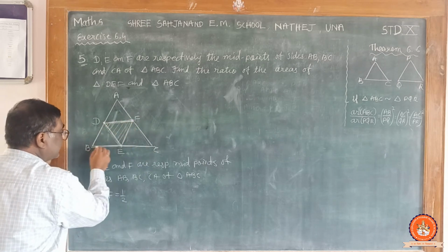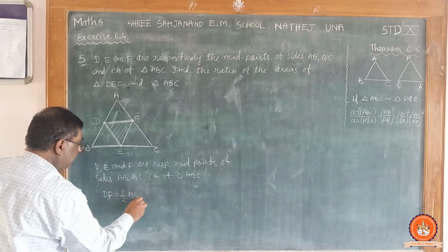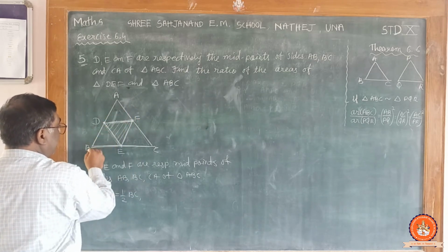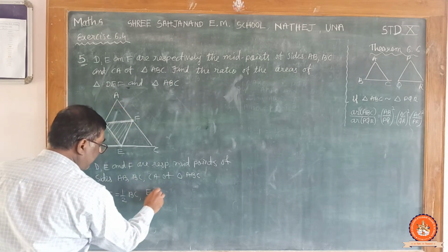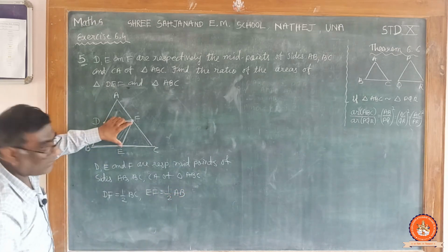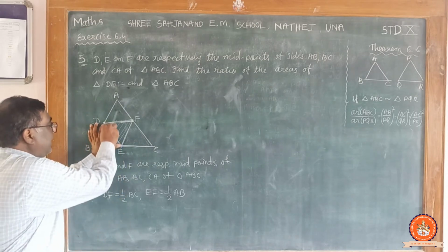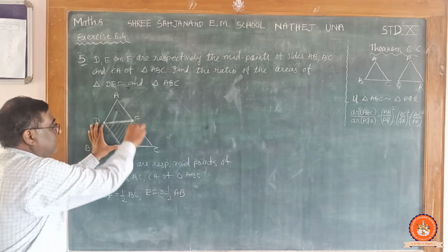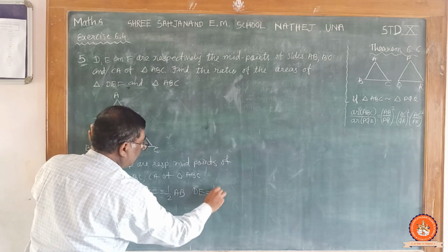DF is parallel to BC and half of it. Similarly EF will be parallel to AB and EF will be half of AB. Okay, EF is half of AB. Similarly DE will be parallel to AC and DE will be half of AC. So DE is half of AC.